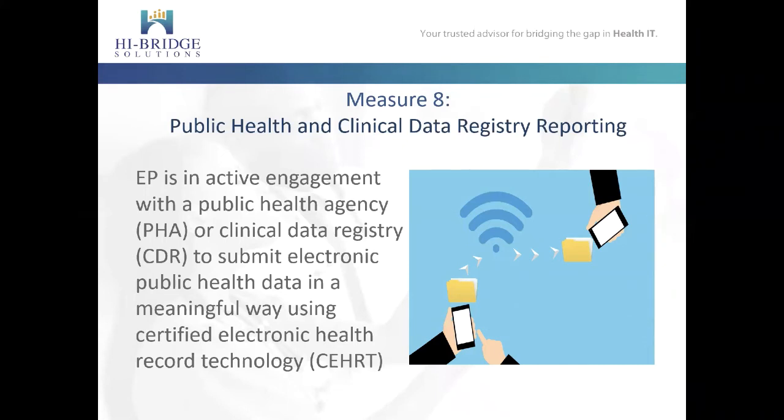So the measure states the EP or eligible provider is in active engagement with a public health agency or clinical data registry to submit electronic public health data in a meaningful way using certified electronic health record technology, also known as CEHRT.